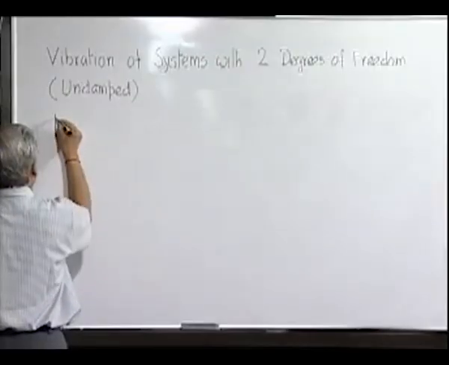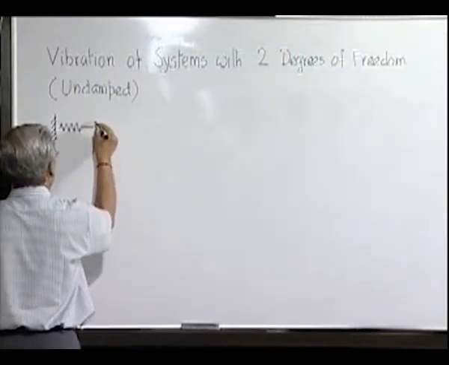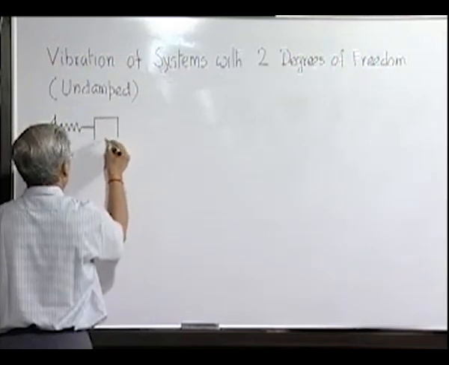So in this case, when you are considering a 2 degree of freedom system, we will have 2 natural frequencies and 2 natural modes of vibration.